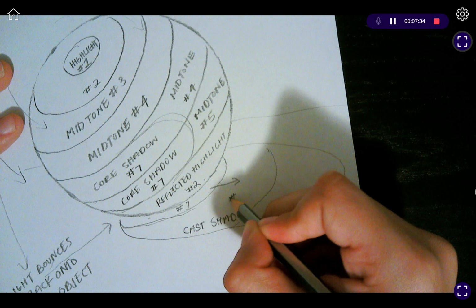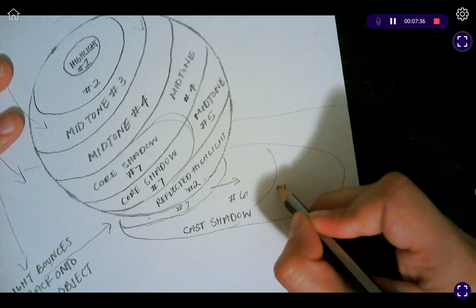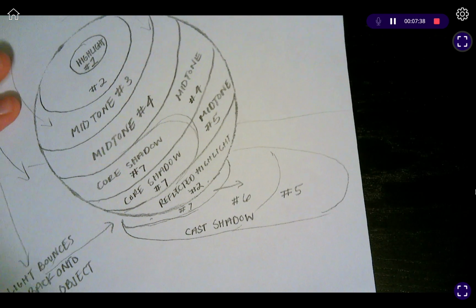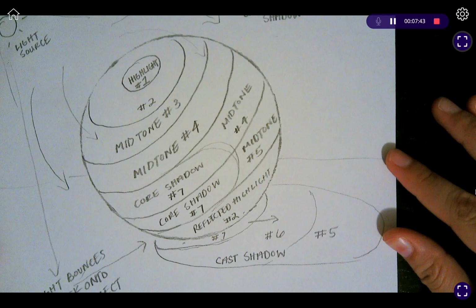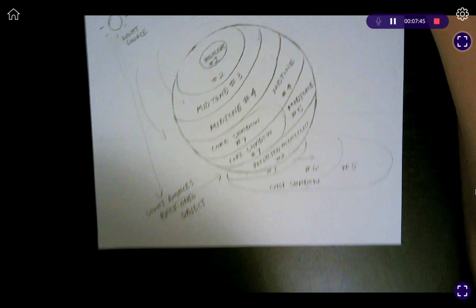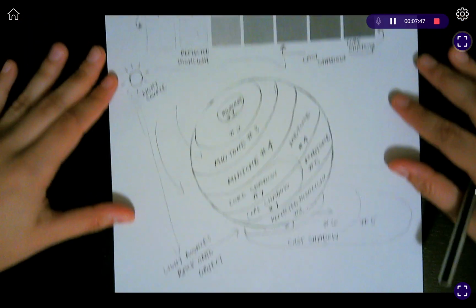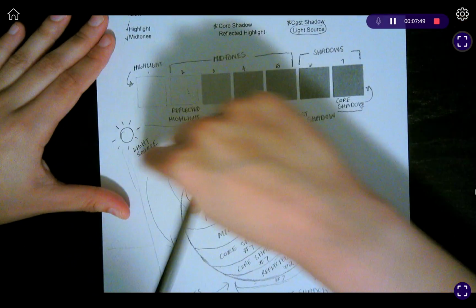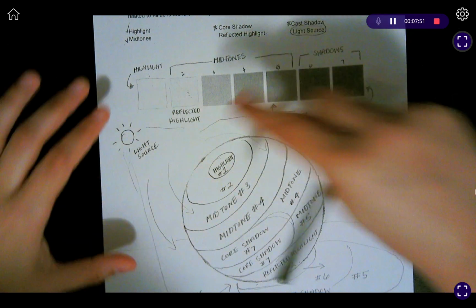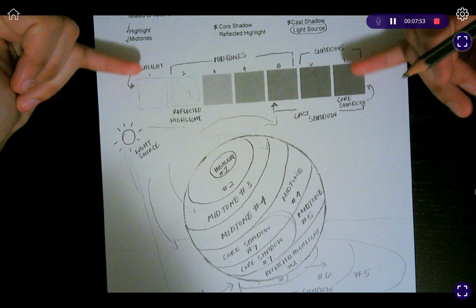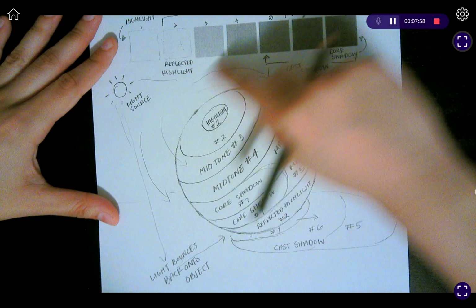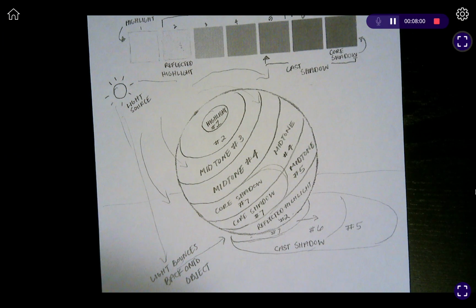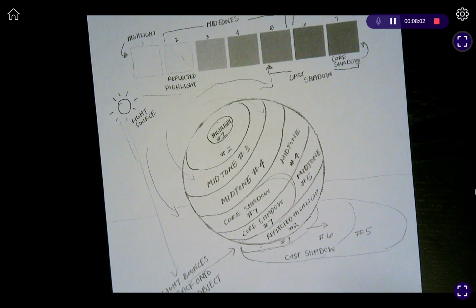So then this is number 6, and then this is number 5. Okay. So now we see how the light source manipulates where each of these values are going to go onto an actual object, this object being a sphere. All right, if you need to take a look at any of these things again, just rewind the video.